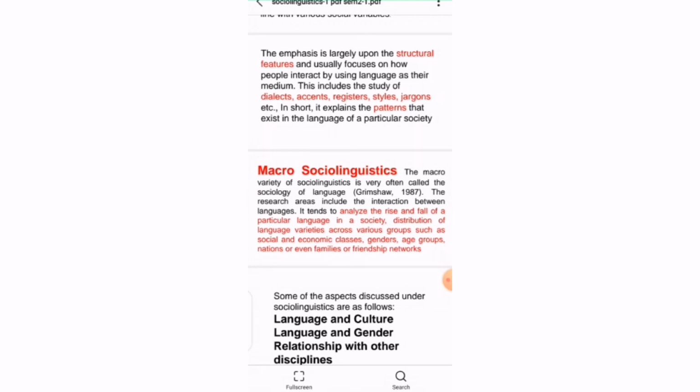And creole, when the pidgin becomes the native language, the language of the next generation, then it is called creole. We also study language attitudes, that what we think about a language, that one language is inferior and another one is superior. So these are different language attitudes, our personal views about a language.